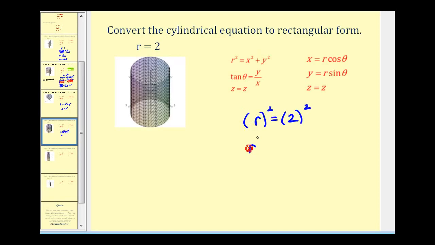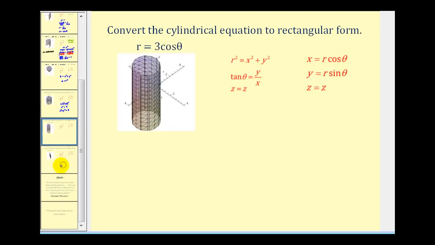That would give us r squared is equal to 4. And now we can replace r squared with x squared plus y squared. And since this equation does not contain r or theta, it is now in rectangular form.